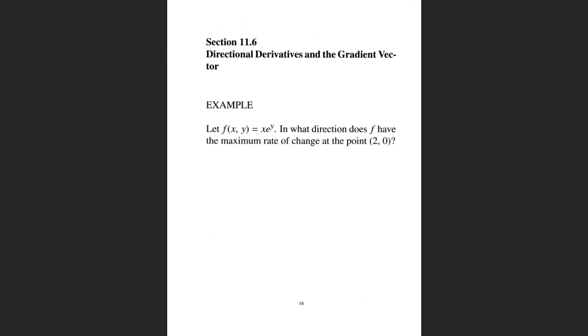Okay, so here we have a function of two variables, so it's a surface in space. We want to know in what direction the function f has the maximum rate of change at the point 2, 0.